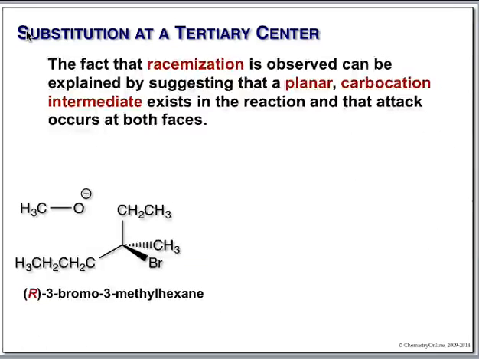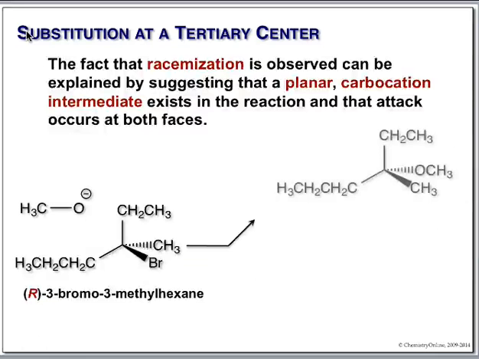What this suggests is that we are forming something different. If we started off here with R isomer 3-bromo-3-methylhexane and reacted it with methoxide, in a simple Sn2 reaction, we would expect to just get the S isomer like this.